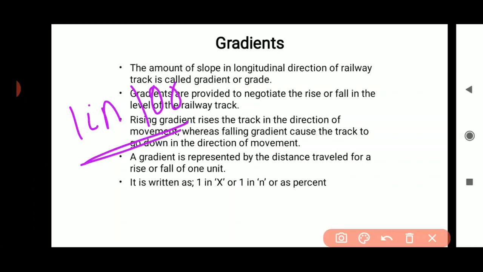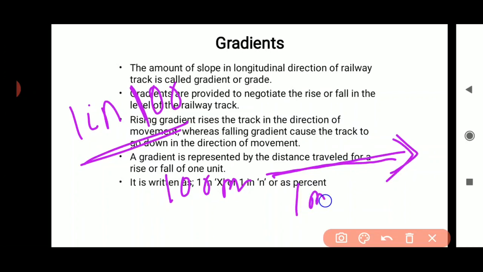That means if we move 100 meters in the longitudinal direction, then there will be a fall of 1 unit or 1 meter.